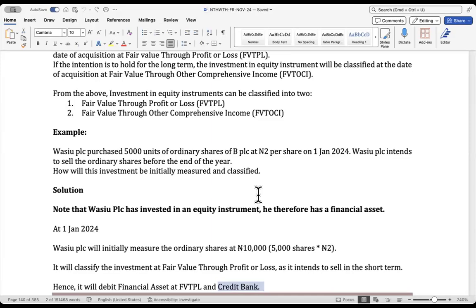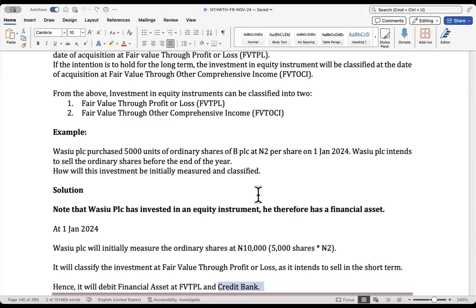Okay, sir. Thank you. Okay, sir, I have a question. Okay, Kale. Using the example you just mentioned, the initial measurement would be at the cost of the ordinary shares, which is 5,000 shares times 2.